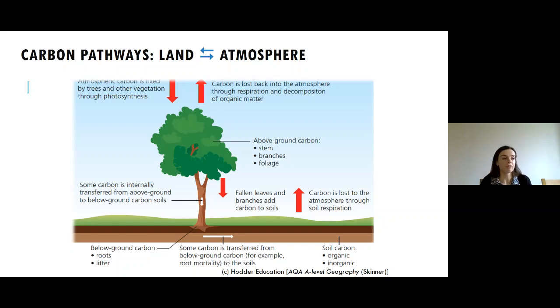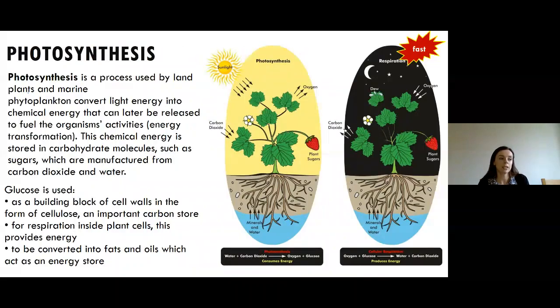Okay, so first up is photosynthesis. This is one pathway between land and the atmosphere, or the atmosphere to land. So photosynthesis is a process used by land plants and marine phytoplankton that convert light energy into chemical energy that can later be released to fuel the organism's activities. This chemical energy is stored in carbohydrate molecules, such as sugars, which are manufactured from CO2 and water.